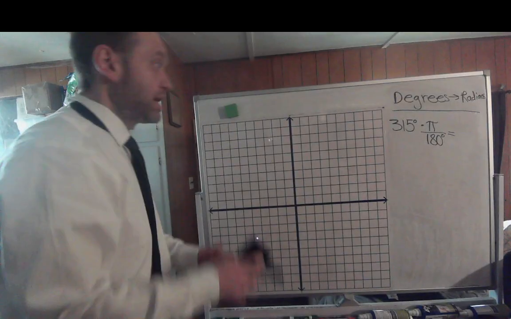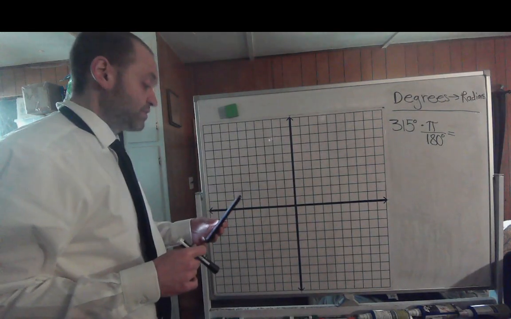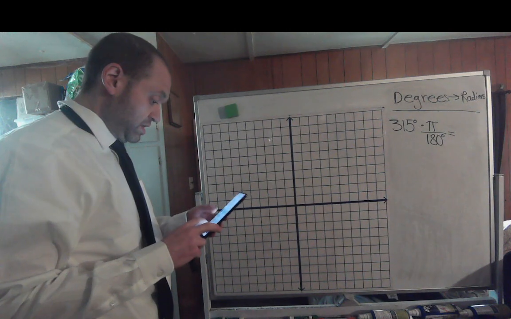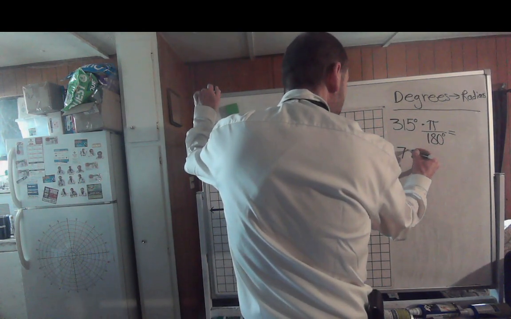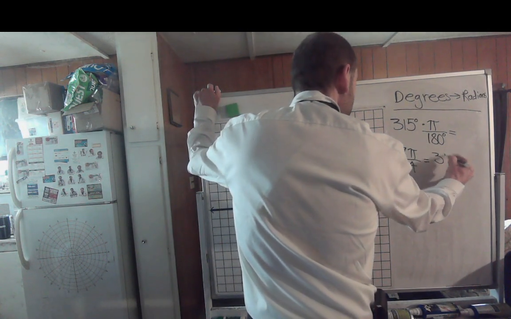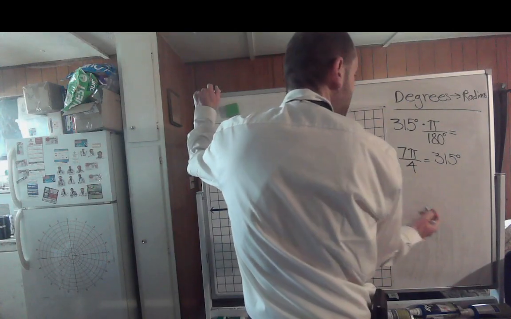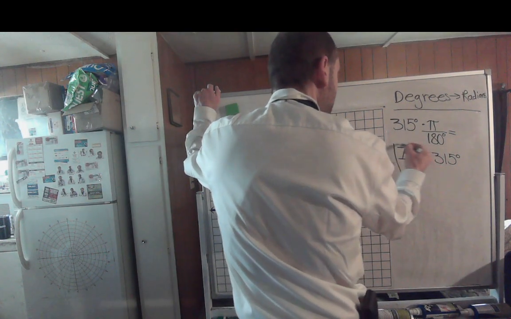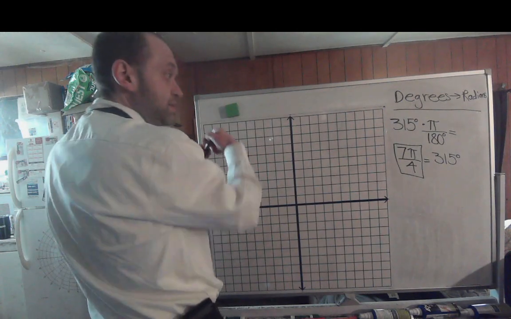I can tell you right now, they both have common factors of 45. So 315 divided by 45 is 7. You would actually end up getting 7 pi over 4. So 315 degrees is the same as 7 pi over 4 radians.